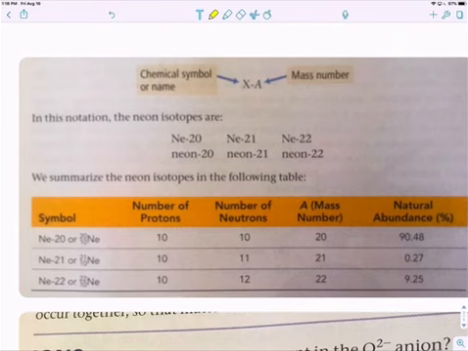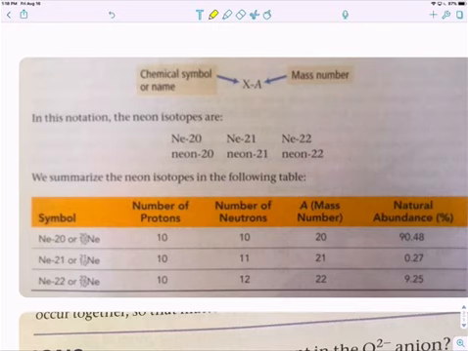And actually, if you've read the textbook, you'll see that different places actually have different abundances. So it's not exactly fixed. It depends on where you're at and your source of things. For instance, the classic example is carbon in plants and living creatures has a little bit more carbon-14, versus if you look at carbon in rocks, which essentially has no carbon-14.